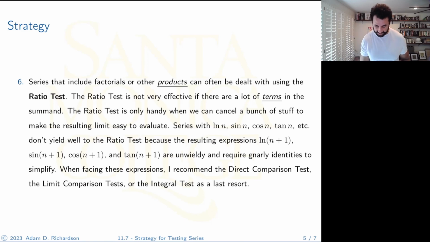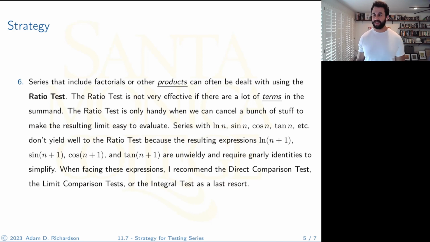For example, series that have natural log, sine, cosine, tangent don't yield well to the ratio test because you always end up with expressions that look like these. Those expressions are unwieldy, and you're not going to be able to cancel, for example, tangent n with tangent n plus 1.